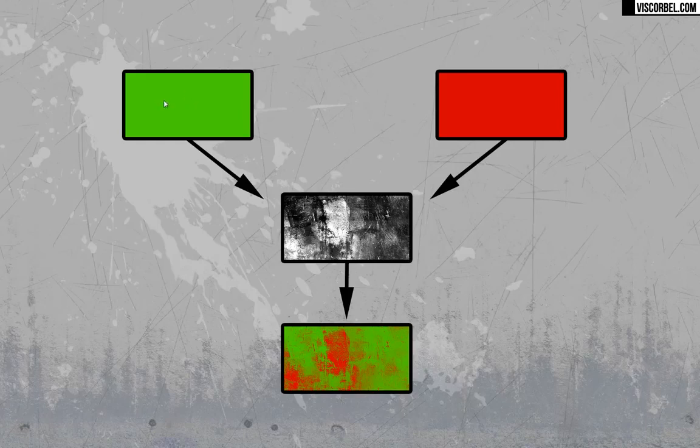So here's an example of blending together two colors, green and red, using this black and white image as a mask. And this is the final result. As you can see, the black areas show the first color and the white areas show the second color. And all the grays in between show a mix of those two colors.